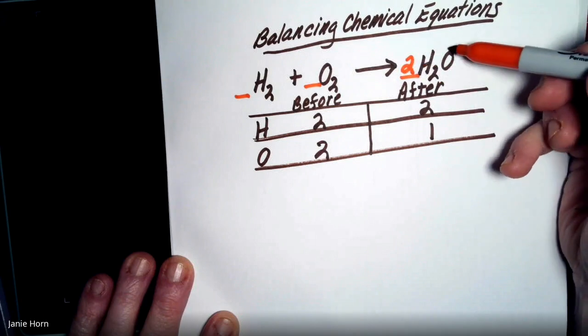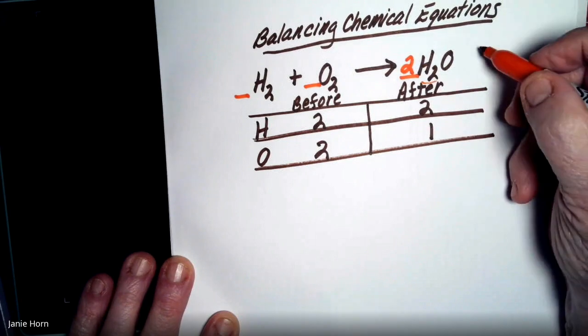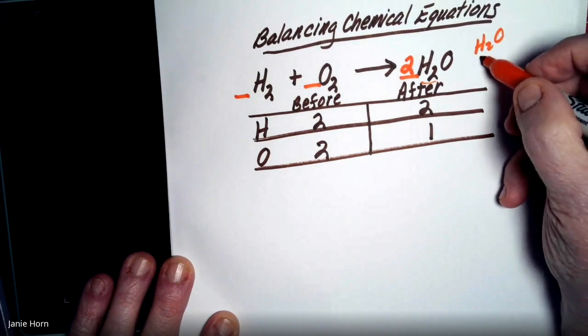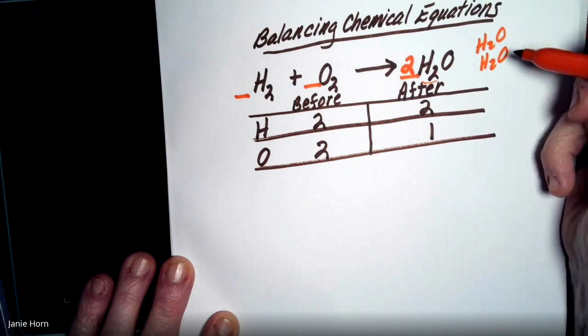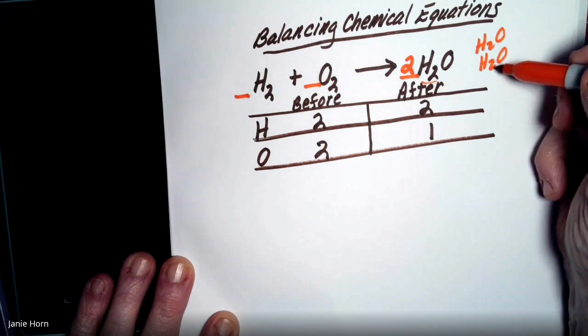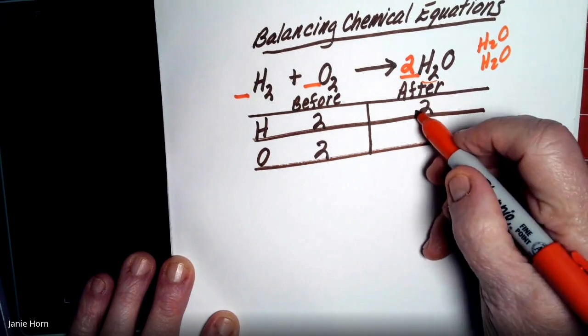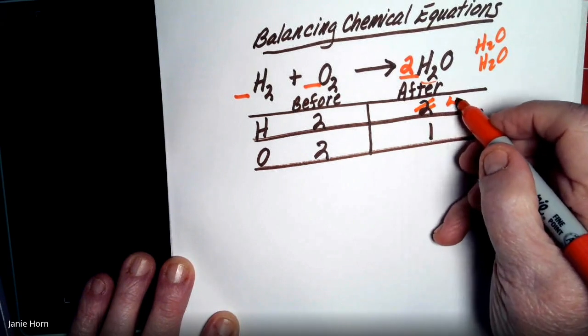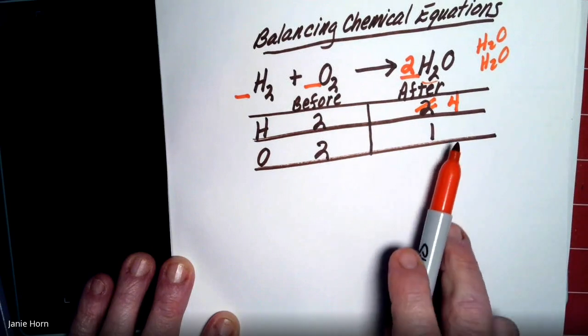Now, what does that mean? That means 2 of this molecule. In other words, I have an H2O and I have an H2O, which means now I have a total of 4 hydrogen. I have 2 oxygen, but I also have 4 hydrogen. So I no longer have 2 here. I now have 4.